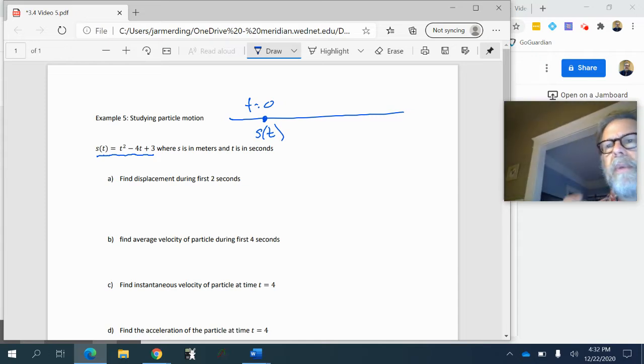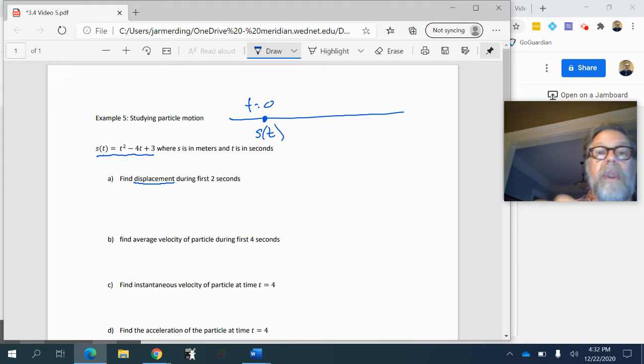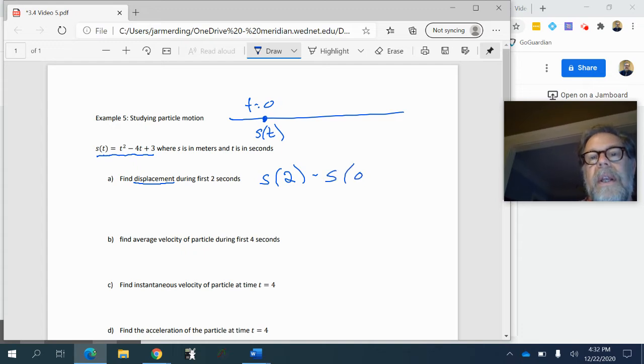So displacement during the first 2 seconds. First thing to remember is that displacement is how far it's traveled, not where it is. So you got to be a little bit careful there. Displacement will be the position at time 2 minus the initial position. And this is a mistake that people make on a regular basis, is they forget to subtract that initial position.